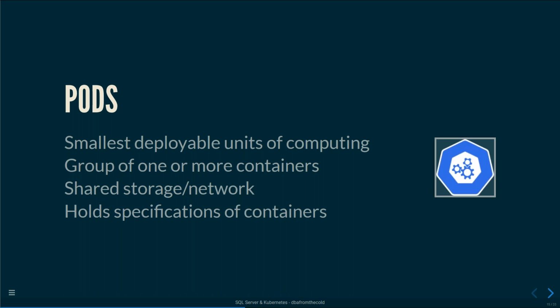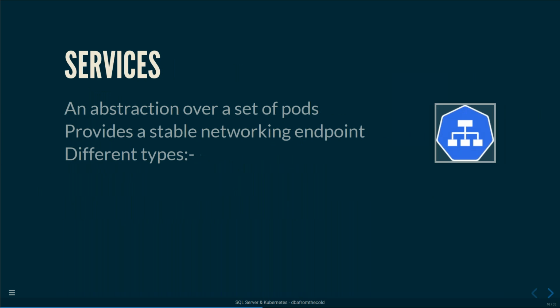So that means if we connect directly to the pods via their IP address, it dies and comes back up with a different one, we're going to lose our connection. This is where services come into play. Services provide a layer of abstraction over a set of pods, one or more pods, and give us a stable networking endpoint. So we don't connect directly to our pods, we connect to a service, and the service routes our connection through to our pods so that we can connect.